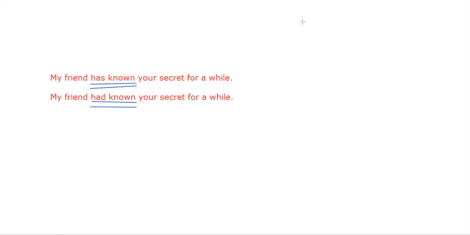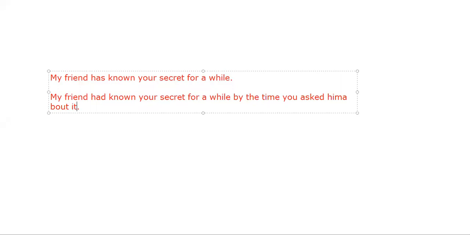For the second one, this is kind of hard to see because the past perfect doesn't really make much sense by itself unless there's additional context. So let me add some context. My friend had known your secret for a while by the time you asked him for it.